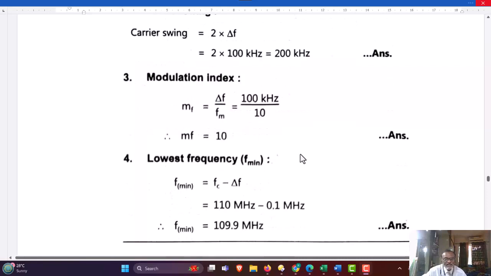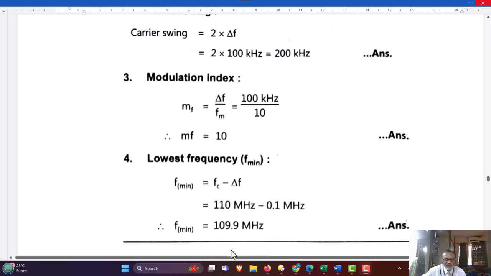The lowest frequency can be obtained as f minimum is Fc minus delta f. And maximum frequency we have seen, f max is equal to Fc plus delta f. So here f minimum is Fc minus delta f. Delta f is already calculated, that is 100 kilohertz. So 110 megahertz minus 0.1 megahertz, that is 109.9 megahertz.